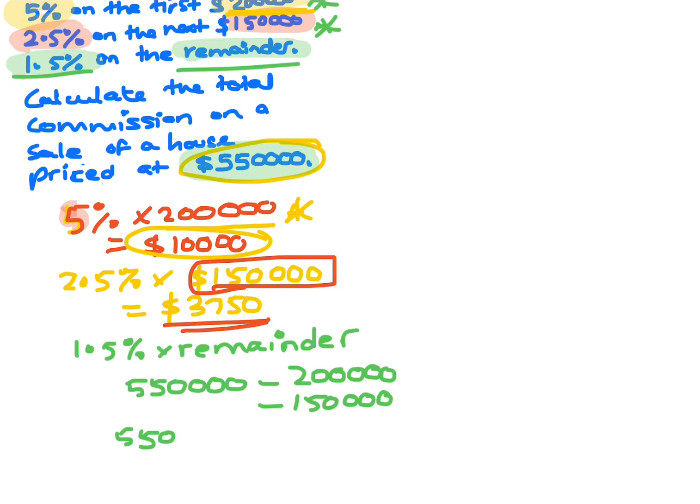It's 550,000 minus 350,000, which will give you 200,000. So the remainder is 200,000, and that's what you're going to earn the 1.5% on.